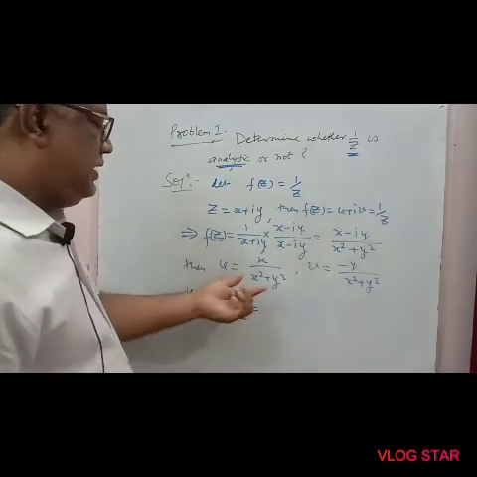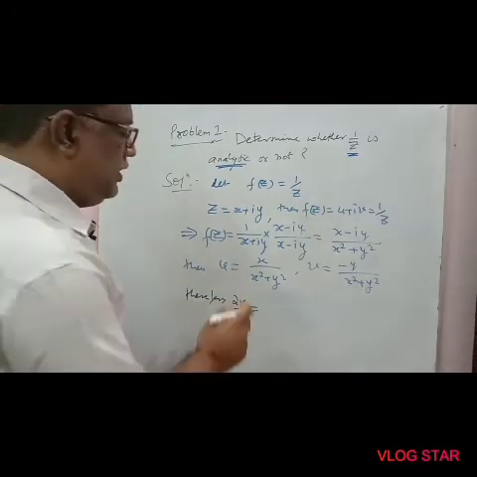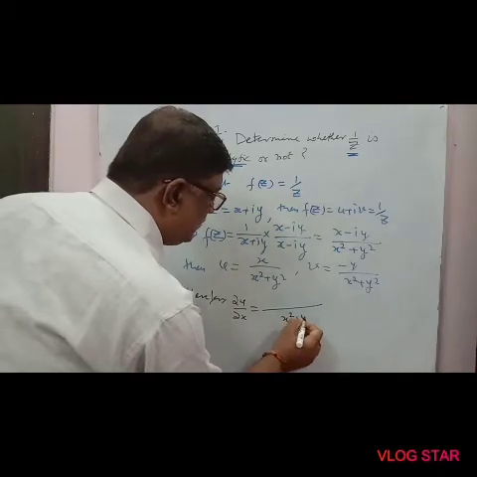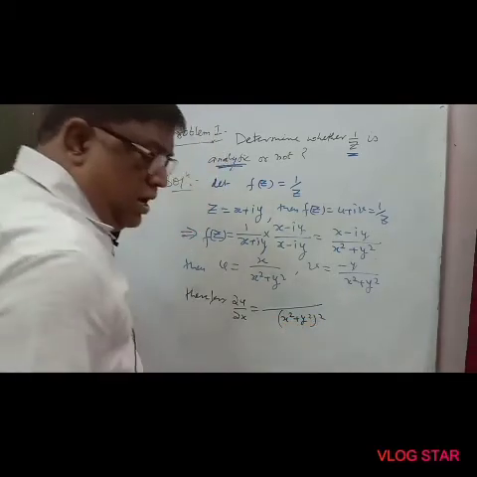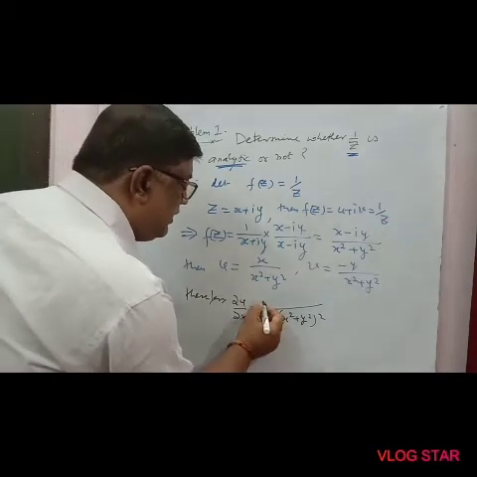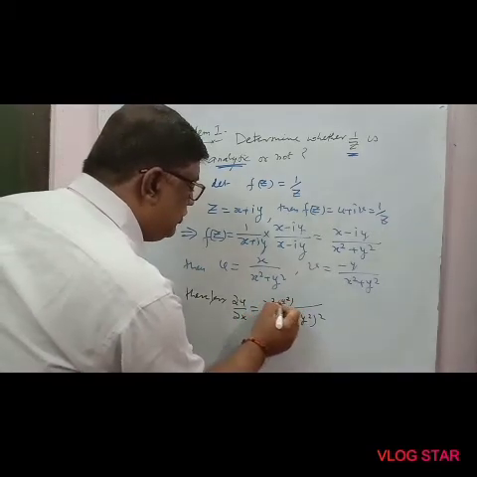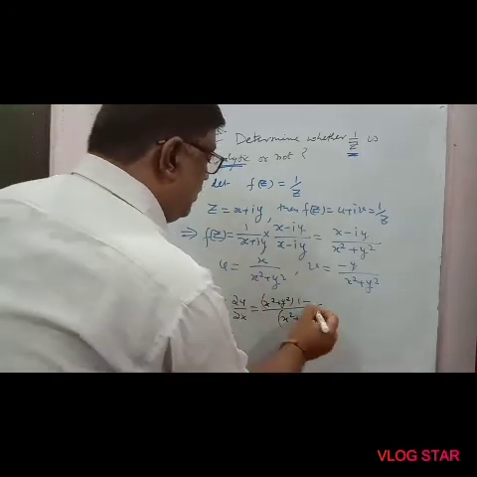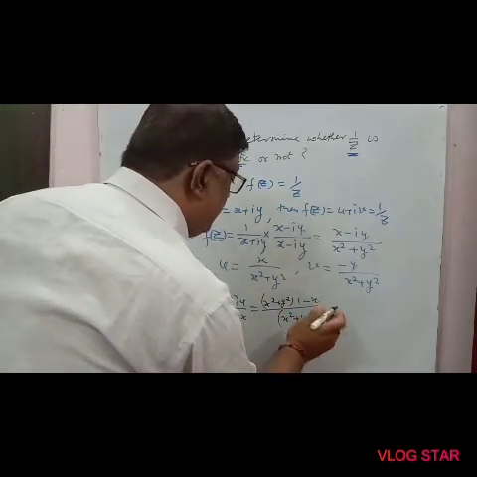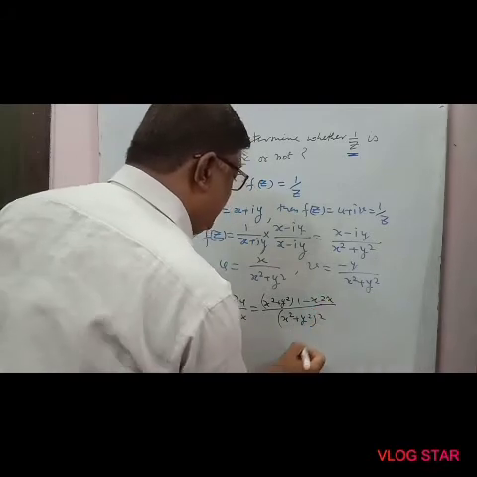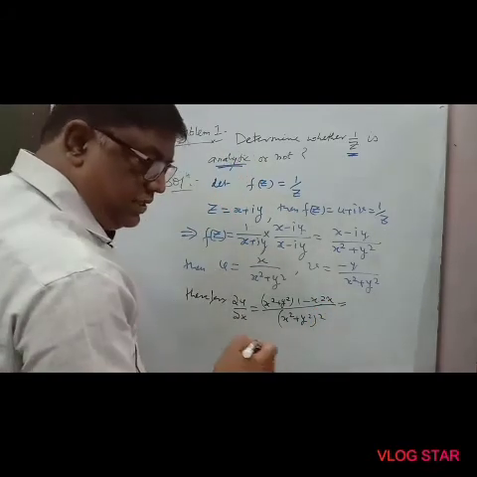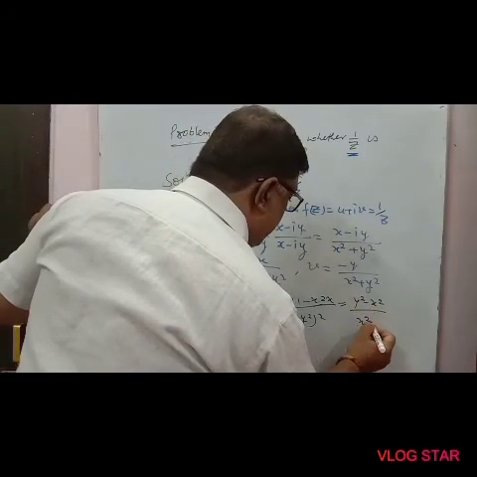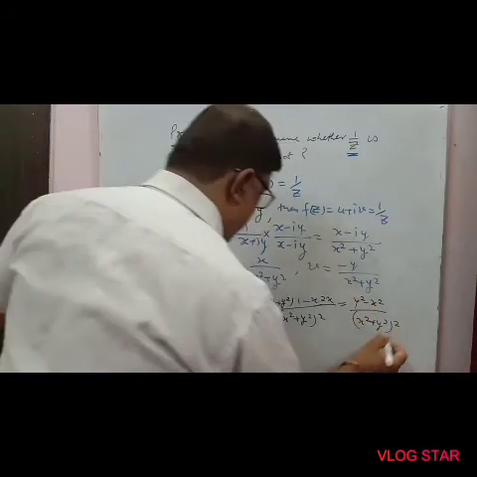To find del u upon del x we have to use the quotient formula, with denominator x square plus y square to the whole square, and now denominator into numerator differentiation, this gives 1, minus numerator into denominator differentiation, this gives 2x, and by simplifying this gives y square minus x square upon x square plus y square to the whole square.